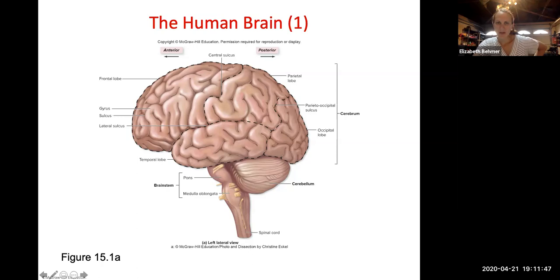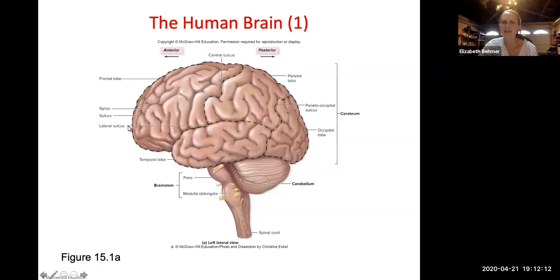The lobes of the brain are also labeled on this picture. The frontal lobe will be right below your frontal bone, so right where your forehead is. Your temporal lobe will be right underneath your temporal bone, so where your ear will be. The occipital lobe is in the back of the brain, and then the parietal lobes make up over the top of the brain.